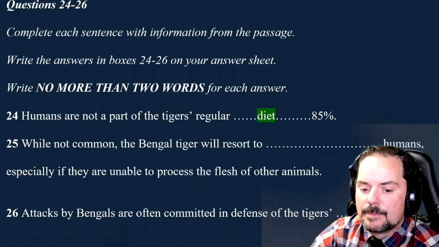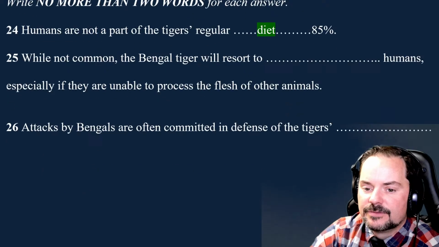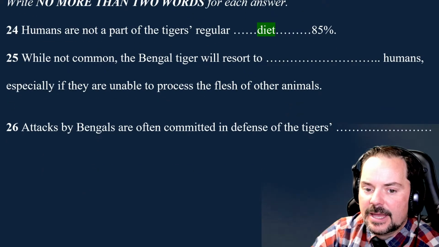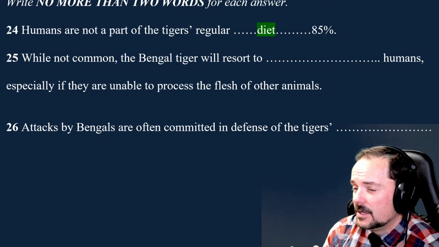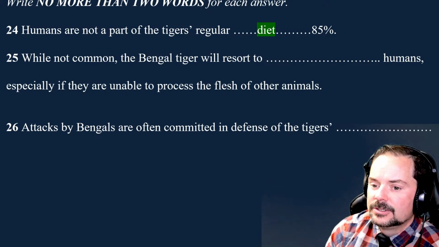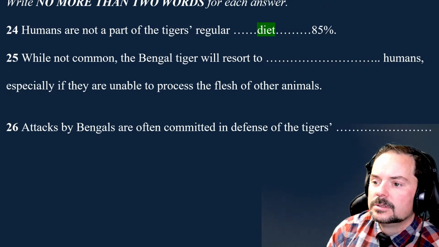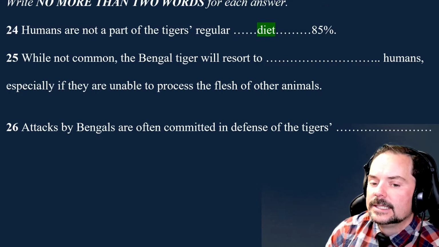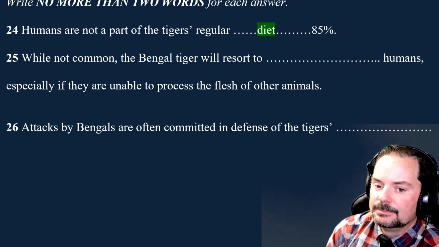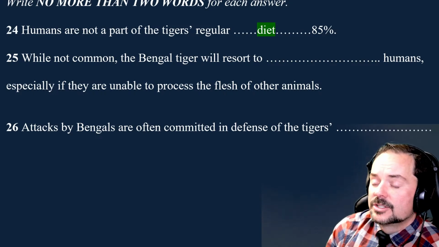What do you think is the best word to finish this sentence? 25. While not common, the Bengal tiger will resort to... They might give it to you for attacking, but it's definitely not the best choice here. It's close to attacking.